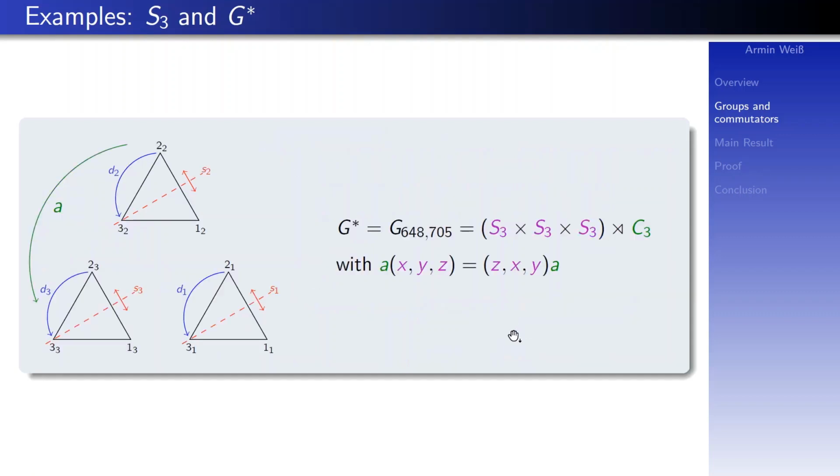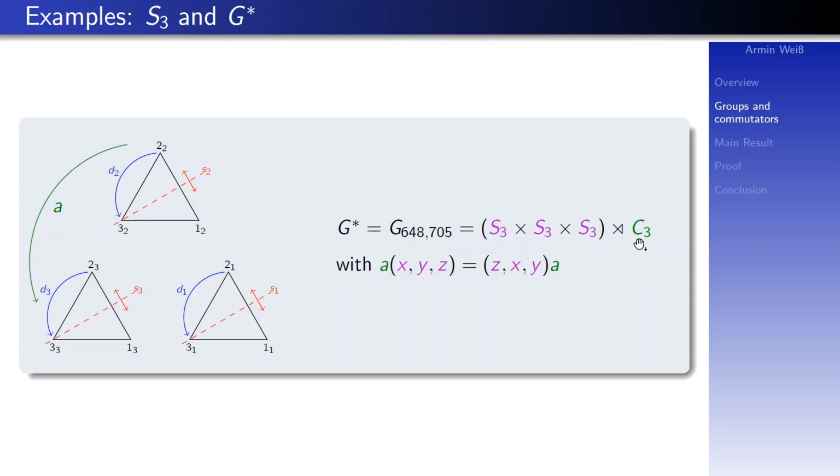Now the other example group is this group, G648705. It's an extension of the symmetric group of 3 elements. We take 3 copies of S3 and take the semi-direct product with C3. If you count the number of elements, it's 648, and the 705 is the index in the GAP small group library.